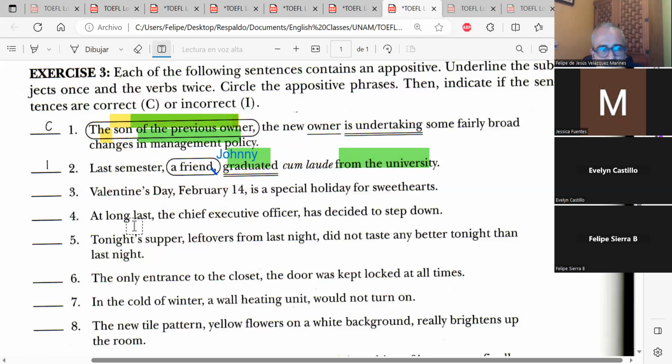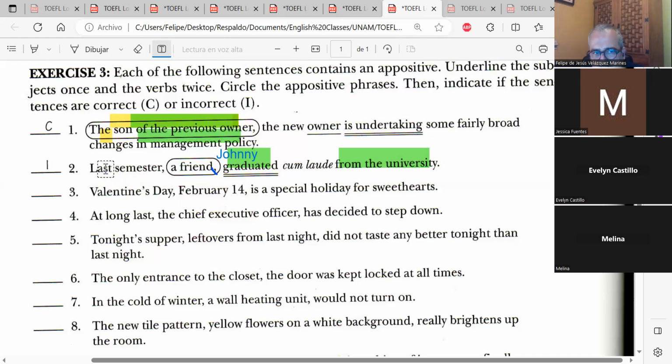Okay. So Melina, before we go to number 3, could we also place last semester at the end of the sentence and eliminate a friend, like the comma after friend? A friend graduated cum laude from the university last semester.